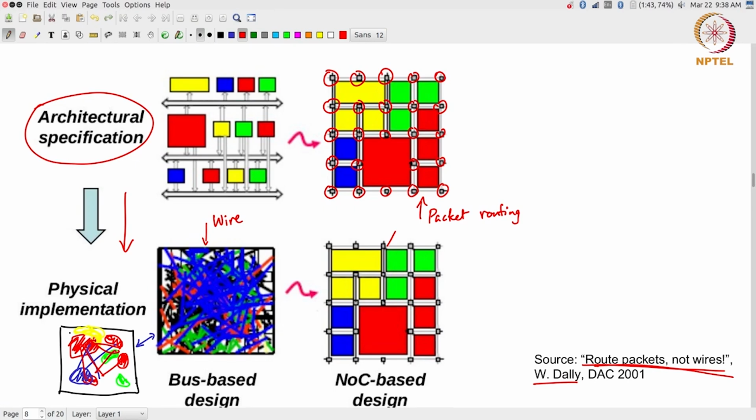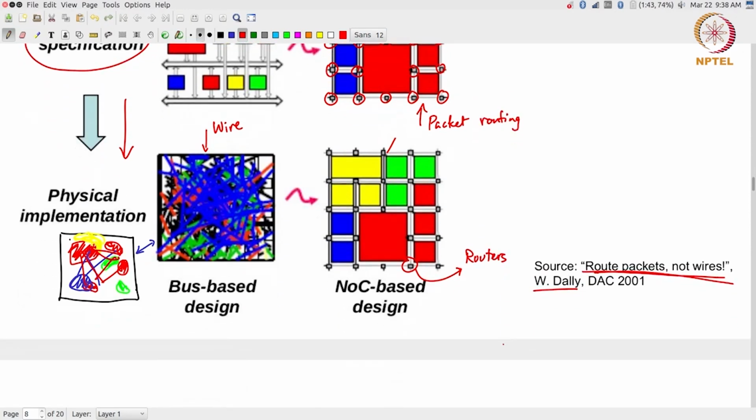Why? Because you can literally place it exactly in that form factor that you had originally designed with and just put a network interface next to it. Okay? So you need to create these physical routers that are capable of taking packets and sending them somewhere else.